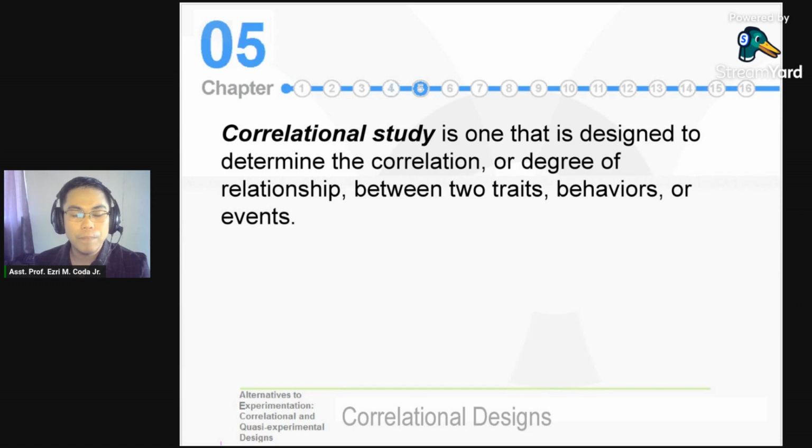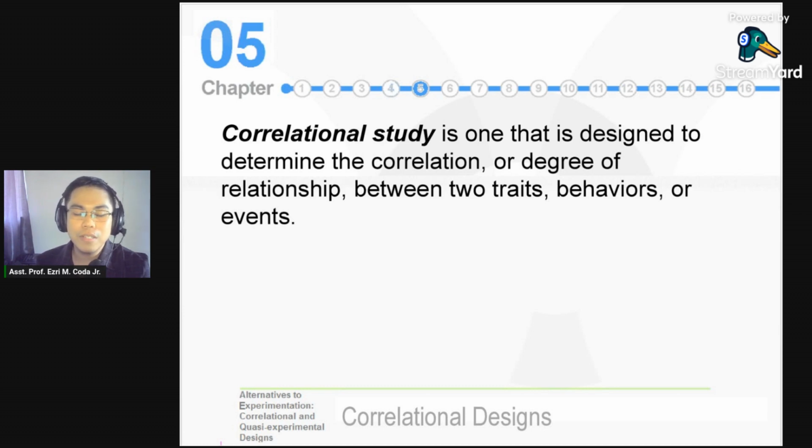In short, there are manipulations of the assigned treatment or conditions. That is why we can say that the cause of the changes in our dependent variables are our independent variables. Those are the reasons why experimental research designs can establish cause and effect relationships.